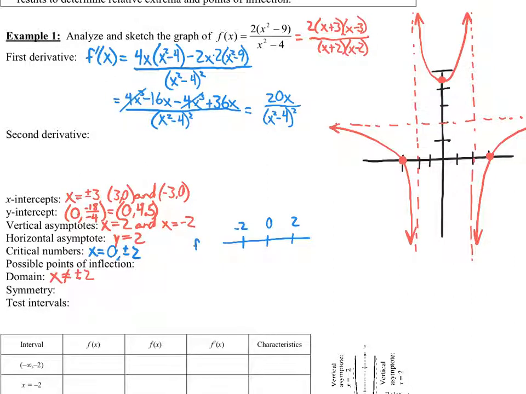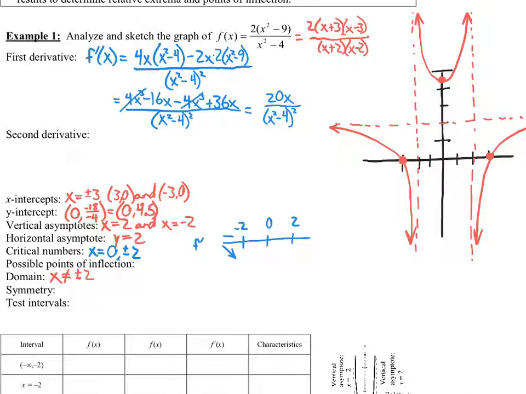So what does f prime equal if we go to negative 3? It's negative. The denominator is squared, so no matter what we plug in, the denominator is positive. So we only have to care about the numerator. If I plug in negative 3, I get negative, which means my function is decreasing.